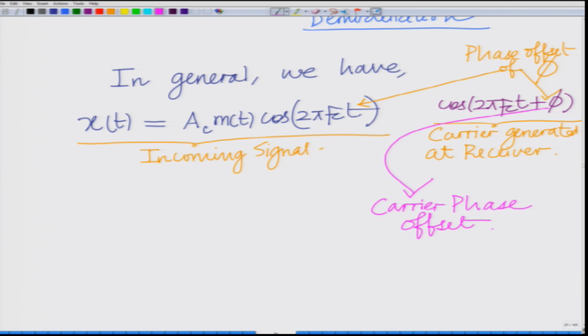Therefore, the carrier generated at the receiver is no longer coherent or synchronous with respect to the carrier wave in the incoming signal.